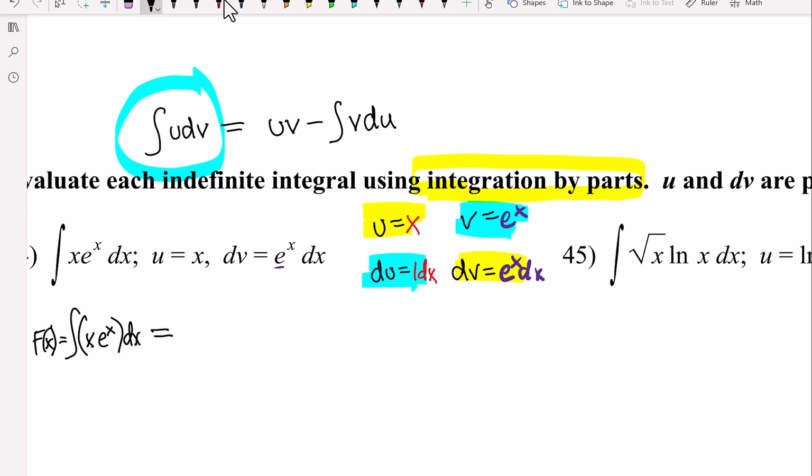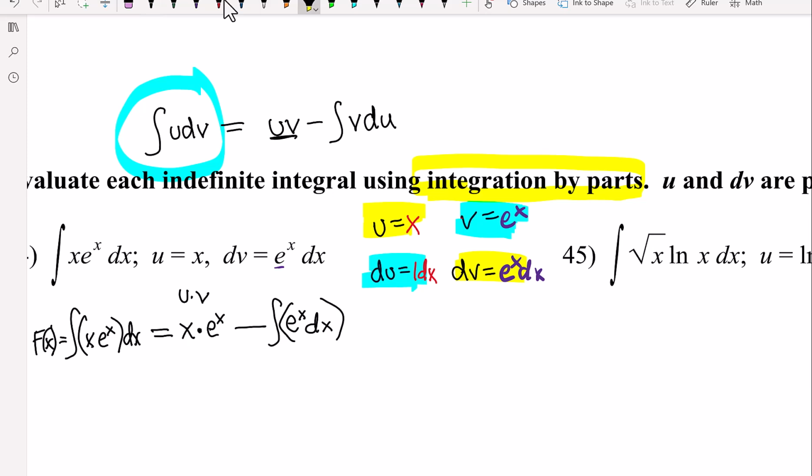So now we have our u function, which is x, our v function, which is e to the x. Now we're going to subtract the integral. So this is u times v, like this formula says. Then the integral of v times du. Well, 1 dx is just dx.